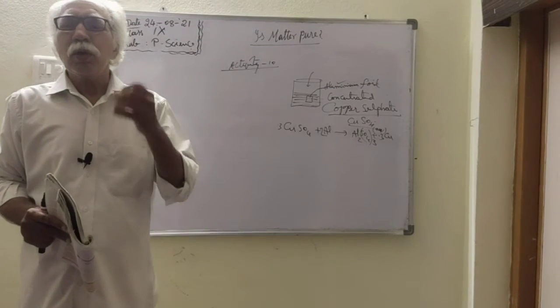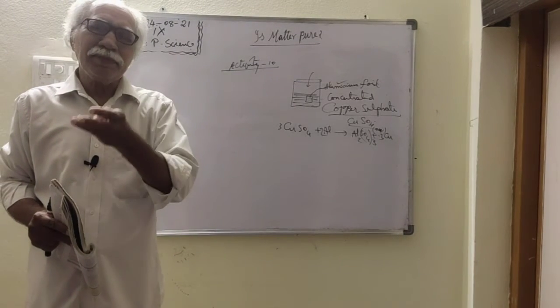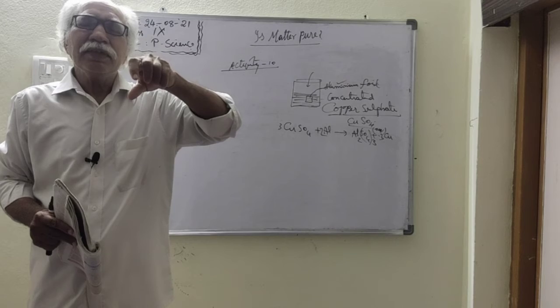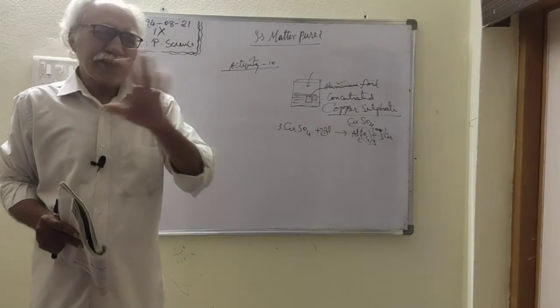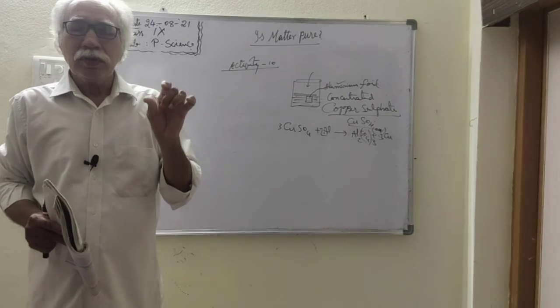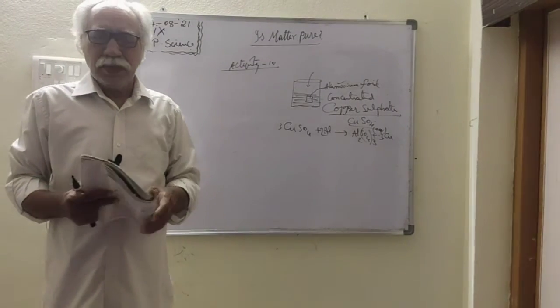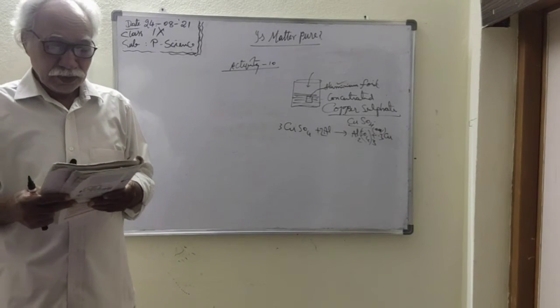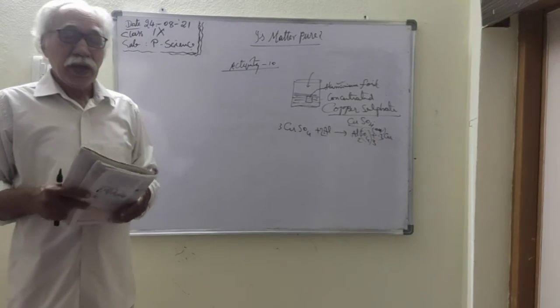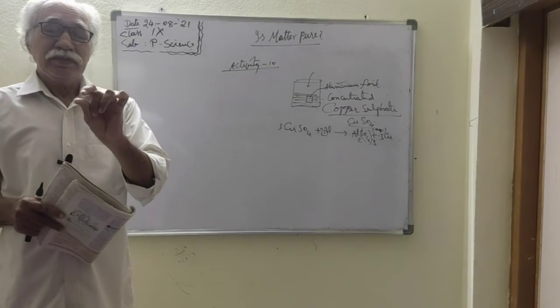Like chlorine. Chlorine is also an element. That chlorine substance contains only chlorine molecules, no other molecules. So therefore chlorine is also a pure element. But a compound is also pure. Say, for example, hydrogen chloride.